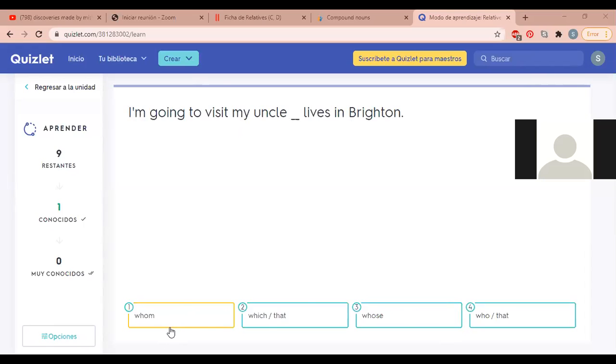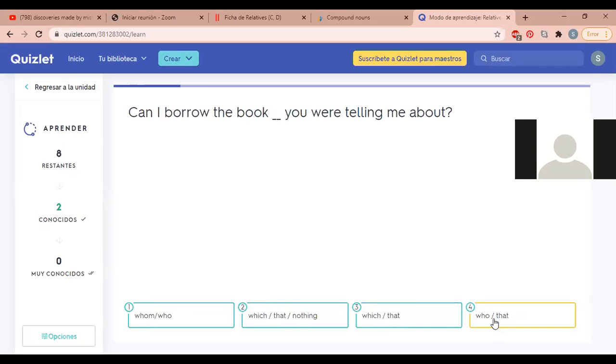Será whom, which or that, whose or who or that. Yes, teacher. I'm going to visit my uncle who lives in Brighton. Who, ¿verdad? La number 4 or number 1? Number 4. Okay, correct. Very good.